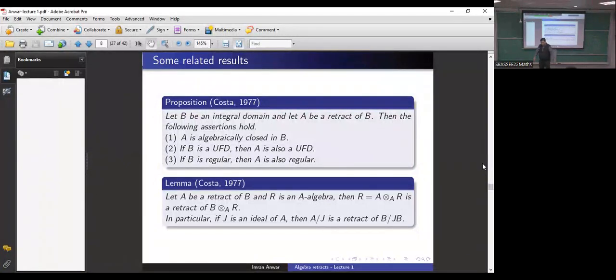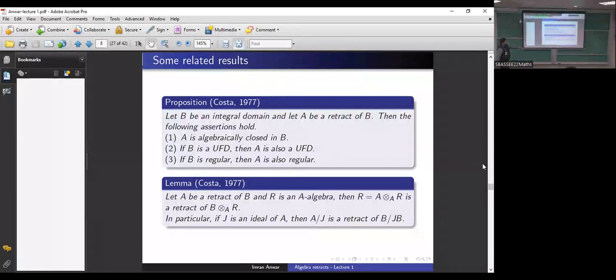Now, by using a given algebra retract, you are constructing a new algebra retract by tensorizing the given rings. So you are seeing one result given by Costa in this particular direction, and there will be more like that in the upcoming slides.